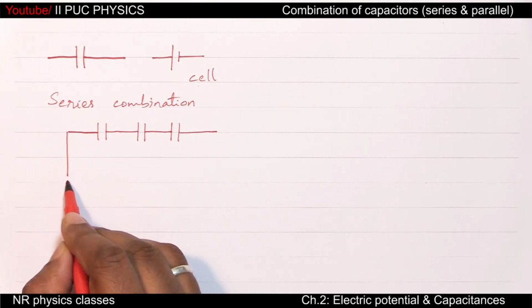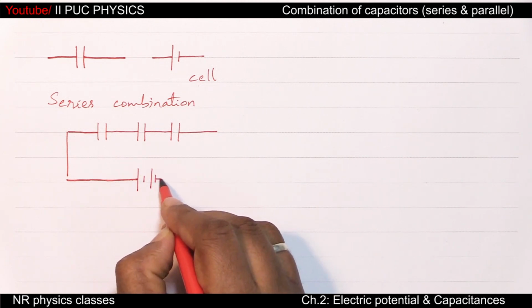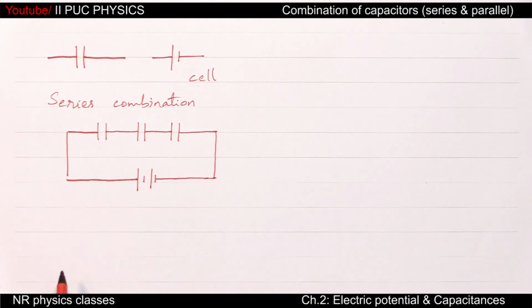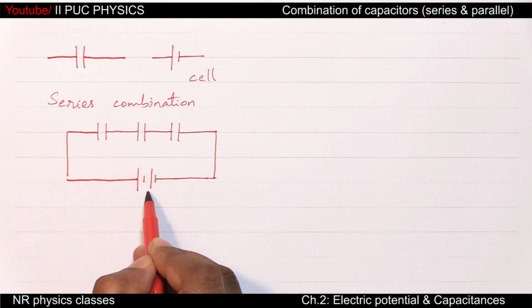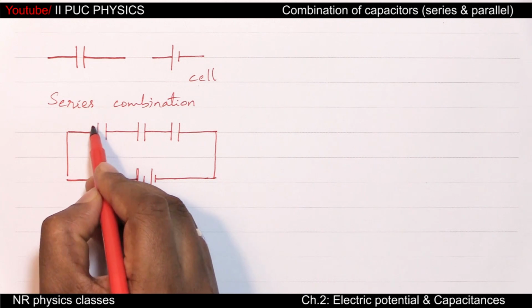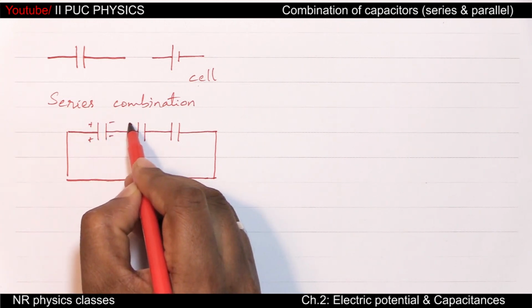Suppose this combination is connected to a battery. Multiple cells means battery; a combination of cells is a battery. So if these three capacitors are connected to a battery, this is positive. Therefore, this side takes positive charge and the other side takes negative.